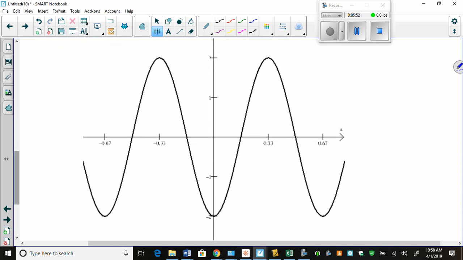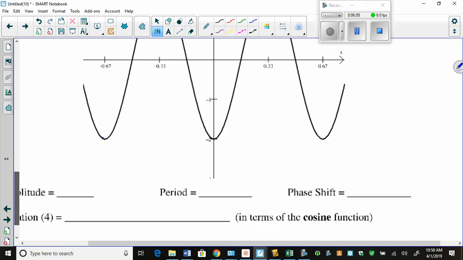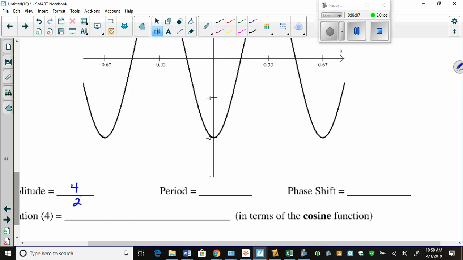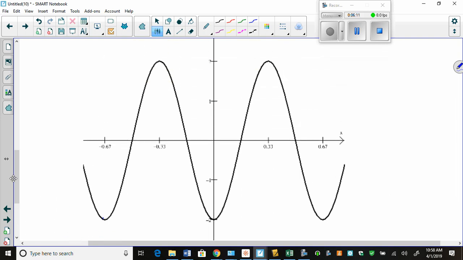What's the amplitude of this one? Up 2, and then up 2 more, so it's 4 divided by 2, which is 2. And then I count up 2, count down 2, and this one meets at the x-axis again.